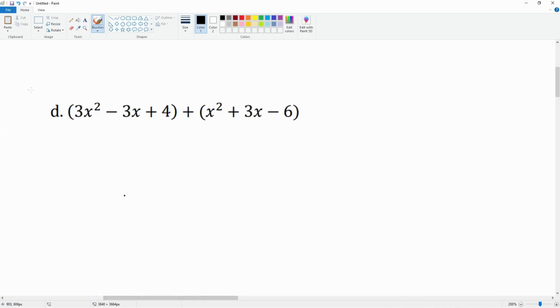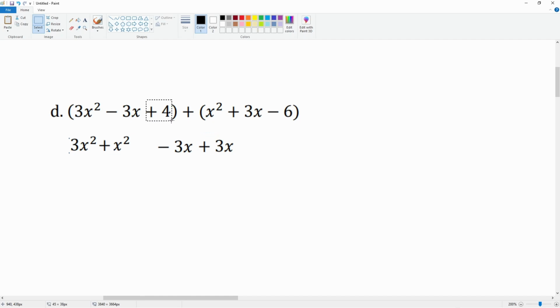Letter D. Let's group it by terms. Okay. 3x squared. We're going to add this to x squared. Then you have minus 3x. You're going to add 3x.